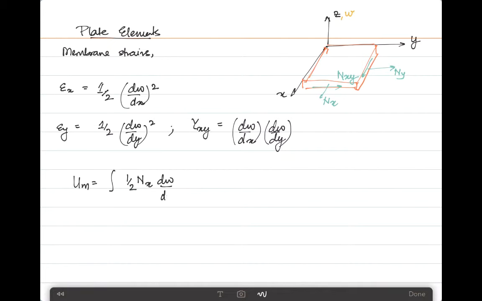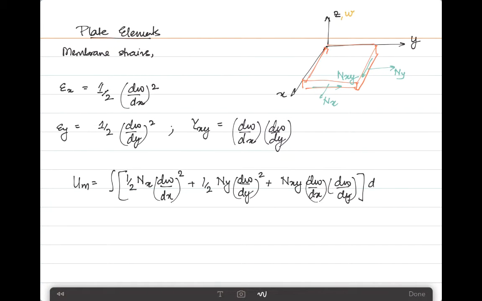So you have Nx dou W dou x square plus half of Ny dou W dou y square plus Nxy dW dx dW dy. And all of this has to be integrated over the area right here of the element.